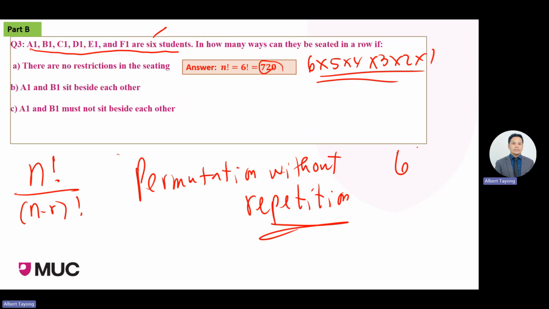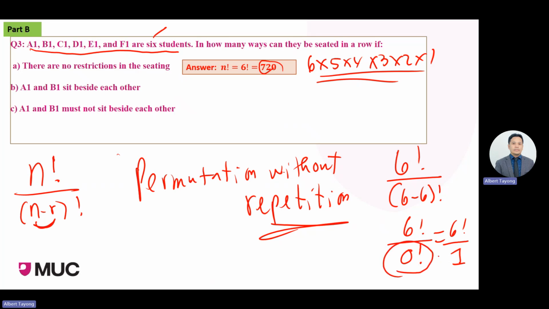So that will be 6 factorial over 6 minus 6 factorial, because our n is 6 and we're going to choose 6 every time. We are not removing any student every time we rearrange. We are just rearranging them. Every time it is 6 students. So 6 minus 6, so 6 factorial over 0 factorial is 6 factorial over 1, because 0 factorial actually is 1, not 0. That is why the answer is the same here.